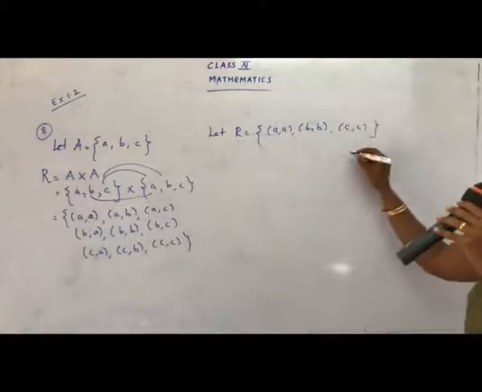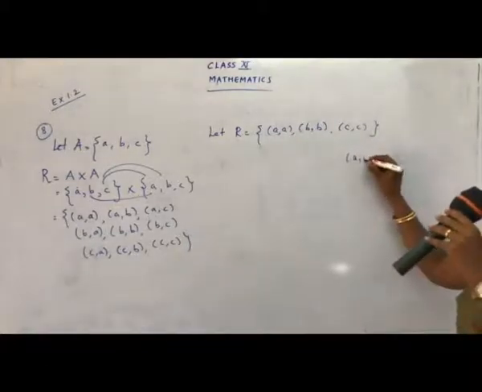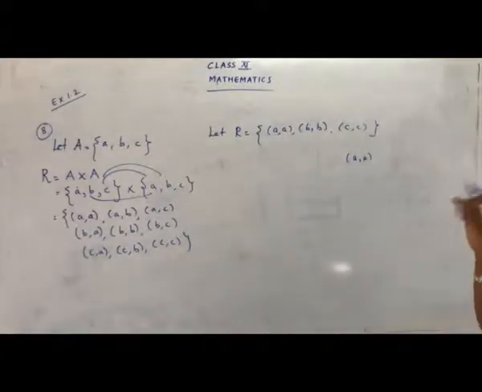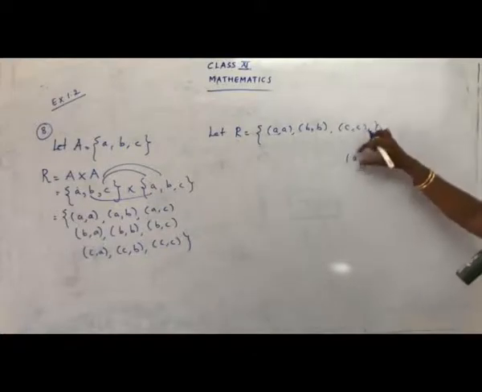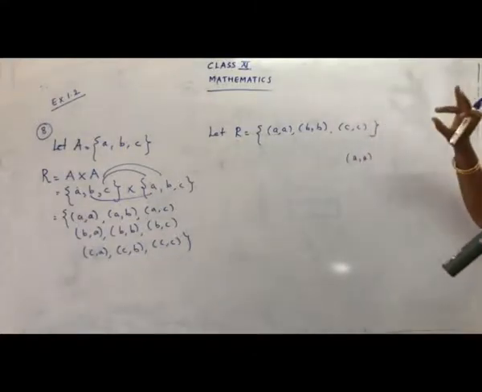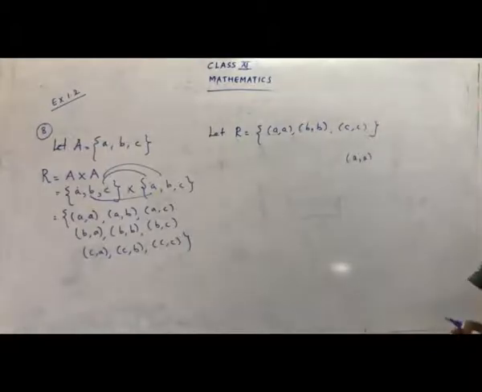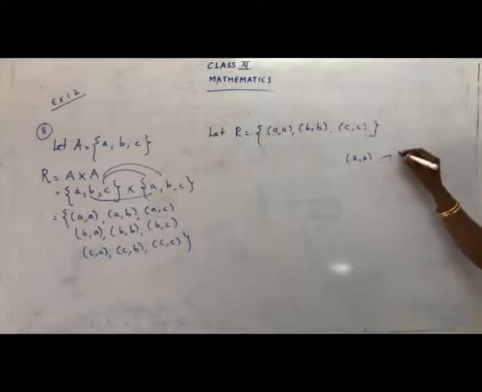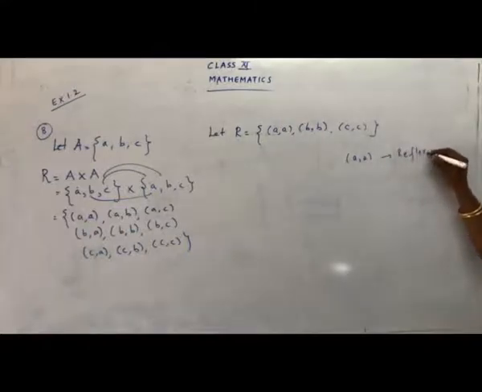Now see, I'll consider the first pair. If I take the first pair as (A, A), let me check, because the question is to check for the equivalence relation. That means the relation should be reflexive, symmetric, and also transitive. If I take the pair (A, A), this is reflexive, as it deals with the same element.